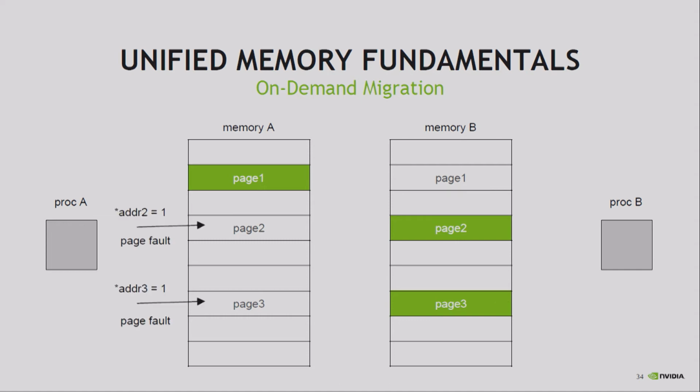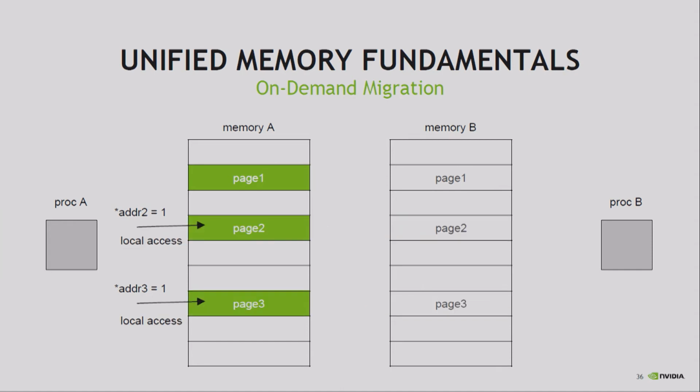And maybe the next thing, processor A tries to access some pages that are not local, not resident in memory A. And then, again, it's going to trigger page faults. And then pages will be migrated, either over PCI Express or NVLink between these processors. And then, again, processor A just accesses it locally.